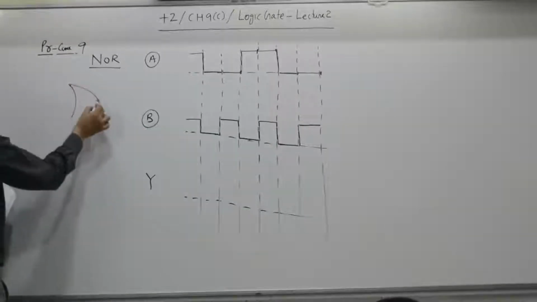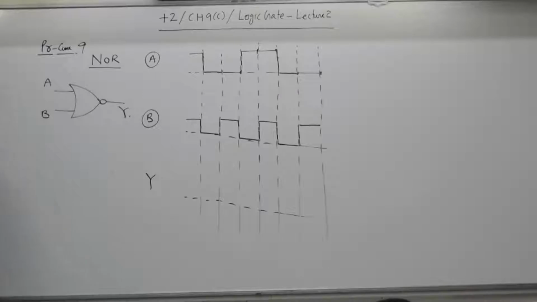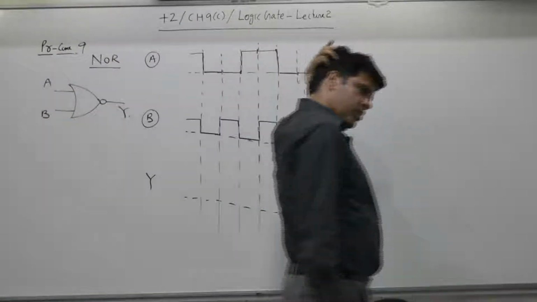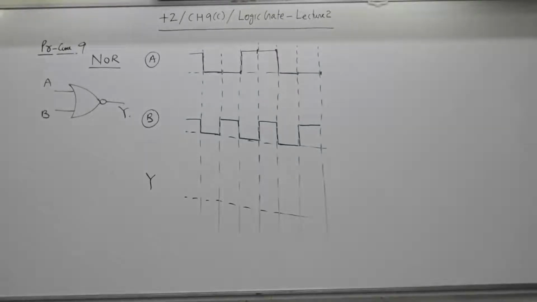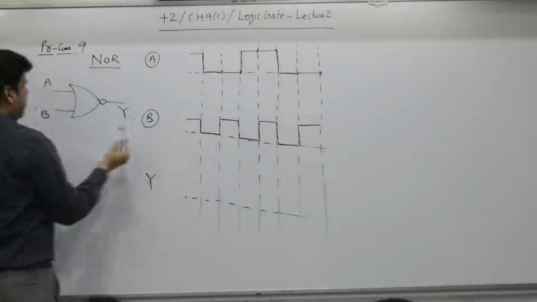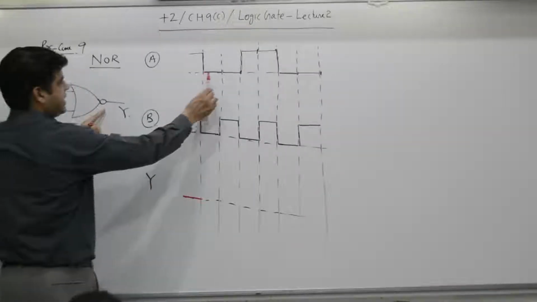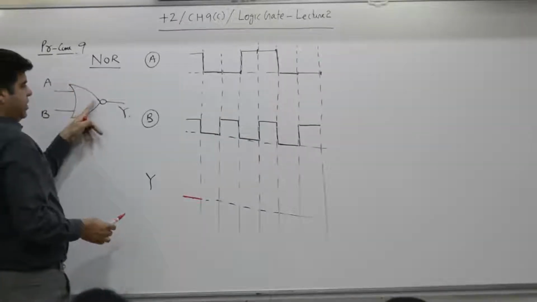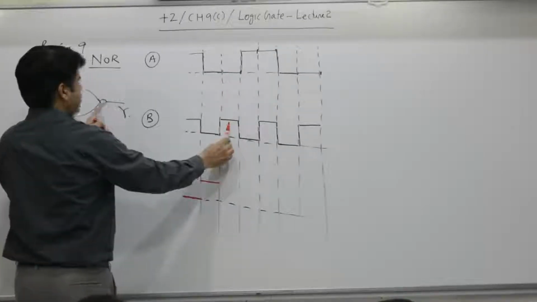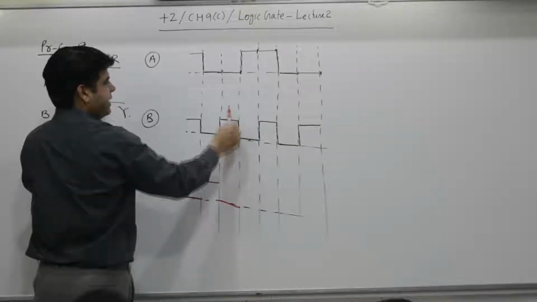NOR gate, A B Y. Help me by looking at the board. Yes, 1 and 1, this also 1, this also 1. 1 OR 1 is 1, if we do its NOT operation, what will come? 0. Next entry 0 0, 0 OR 0 is 0, its NOT operation gives 1. Next 0 and 1, 0 OR 1 is 1, its NOT operation is 0. Next 1 and 0, same case as before, 0.